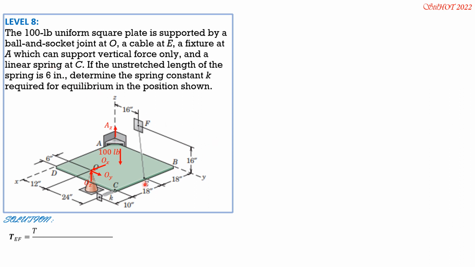Then tension EF in vector form is magnitude of tension EF along X negative 18i, along Y negative 20j, because the plate is 36 inches and that's 16 inches. So I mean to say from E, move backward along X 18 inches, negative 18i, along Y to the left negative 20, that's why negative 20j, then upward 16 inches, positive 16k, over square root of 18 squared plus 20 squared plus 16 squared.